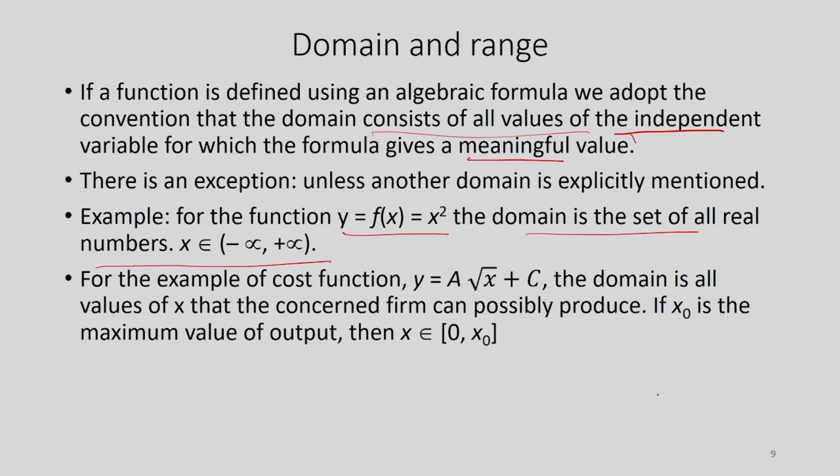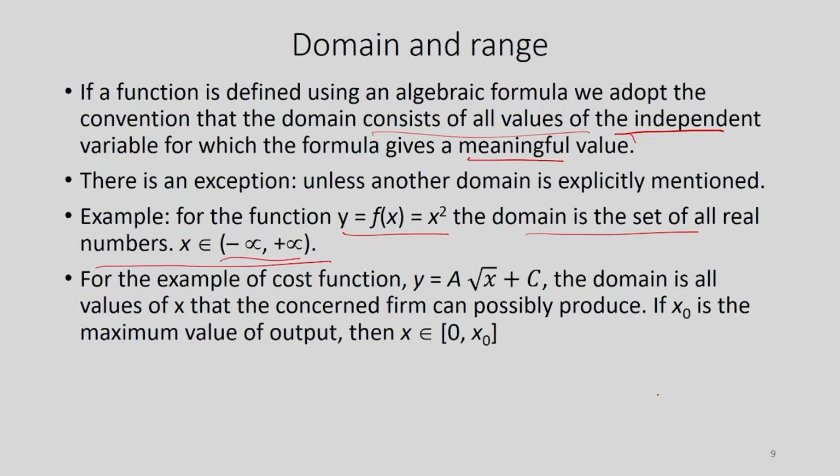If you put x equal to minus 1, you will get plus 1. If you put x equal to 0, it will give you 0, right. Like this, as x goes on changing, it takes values along the real number line, you get y's which are also along the real number line. So, here the entire real number line from minus infinity to plus infinity is in the domain.